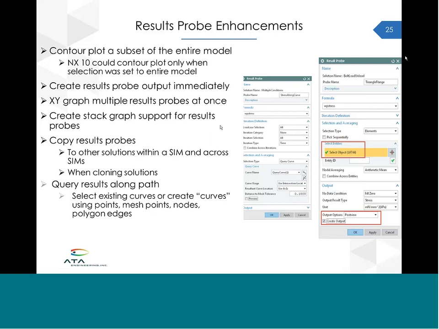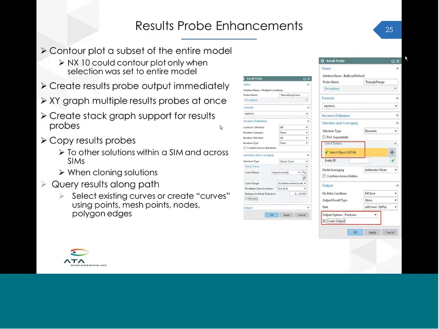The other thing that's handy is you can copy result probes to other solutions within a single SIM file or even across SIM files, and that's also handy when you're cloning solutions, for instance. So if you have any custom result probes that are defined and useful for your particular post-processing scenario, you can really leverage those result probes in different simulation files.